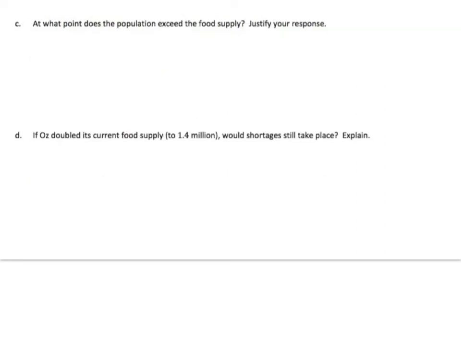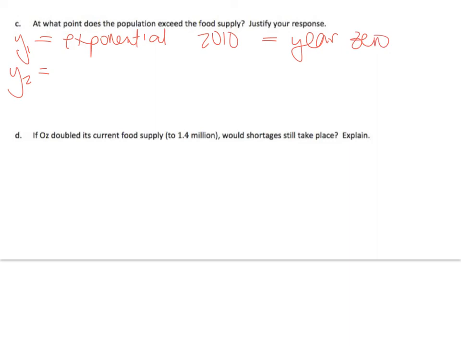So at what point does the population exceed the food supply? I would put both of these into my calculator. Y1 with one equation, Y2 with the other equation, and look at it. So this one's my exponential population. And I'm going to start in the year 2010. We're going to make that year 0. And this one's going to be my linear function.